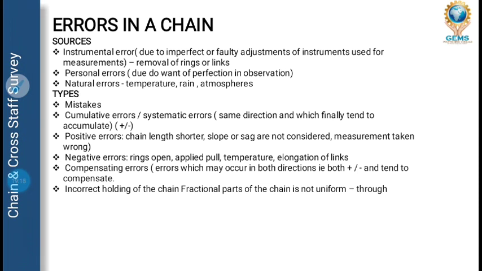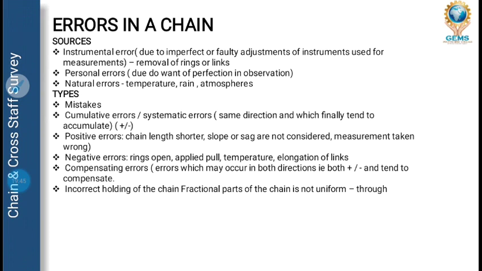While you measure with a chain, there are three types of people: a leader who leads, a follower who follows, and a noter who notes the points. So three people are used while doing chaining. Natural error means that due to temperature, rain and atmosphere, the error occurs. As we all know, due to temperature it contracts.